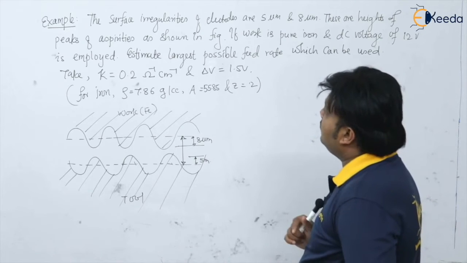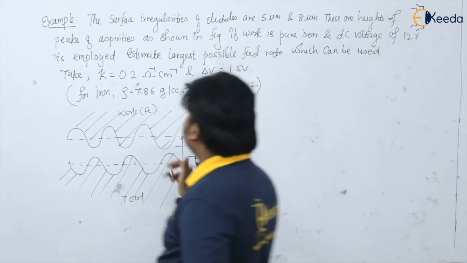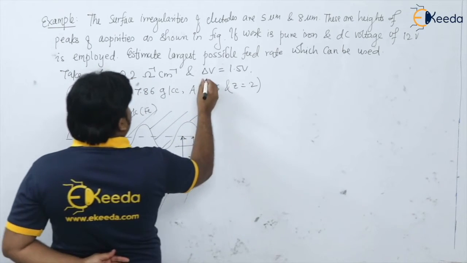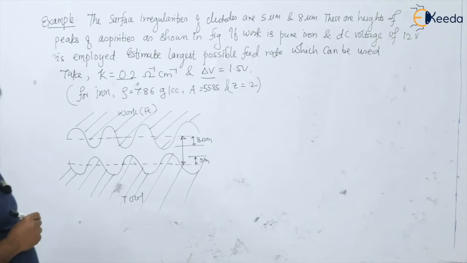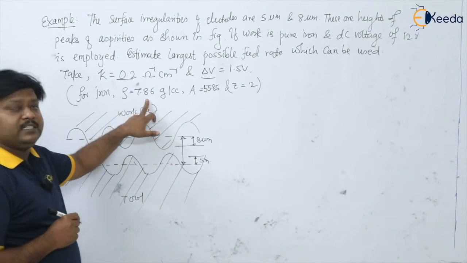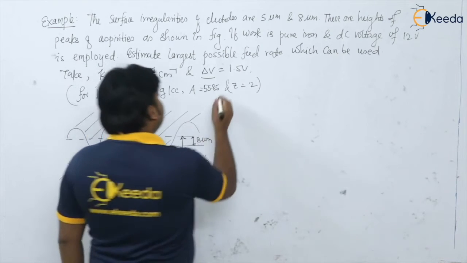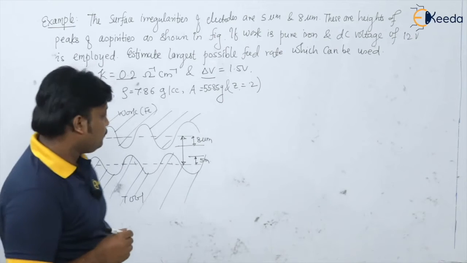In this case, take the conductivity of electrolyte K as 0.2 per ohm per centimeter and the over voltage as 1.5 volt, and these properties for the iron are given: density 7.86 grams per cc, gram atomic weight 55.85 grams, and the valency as 2.